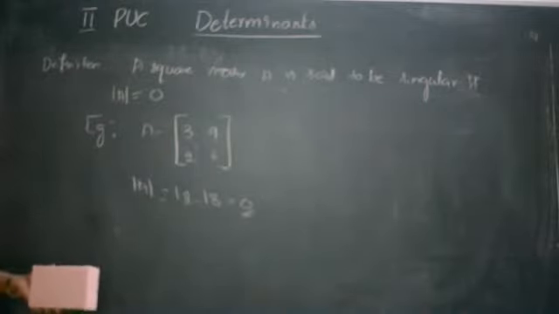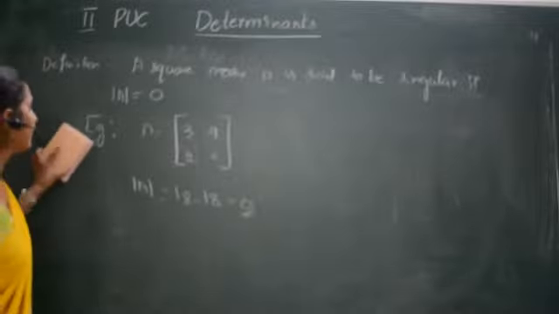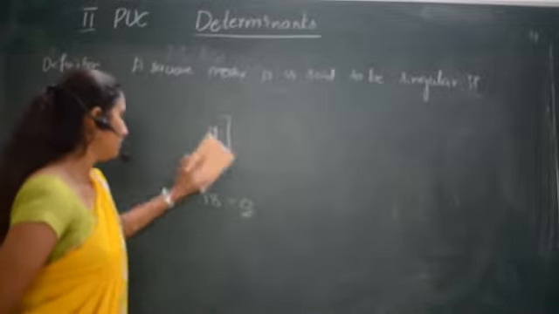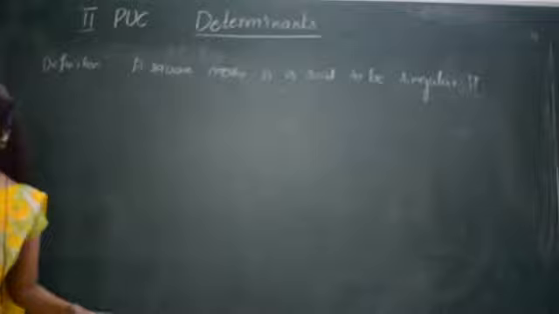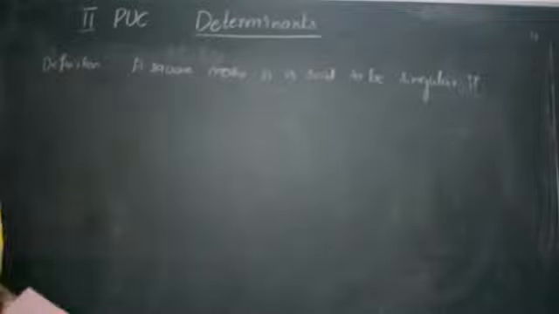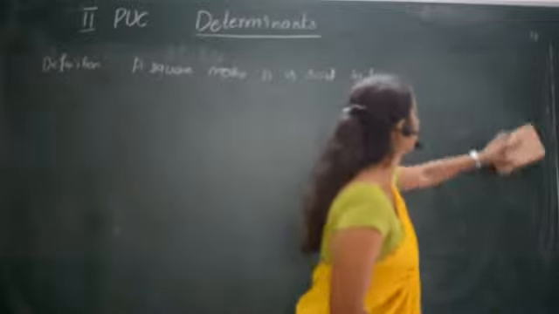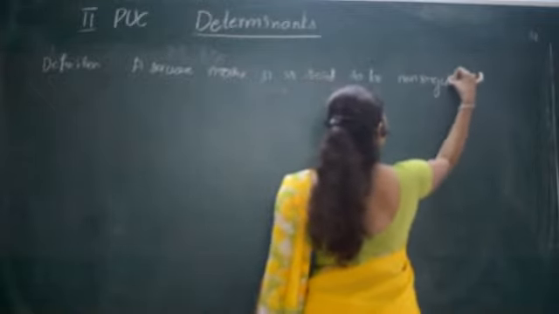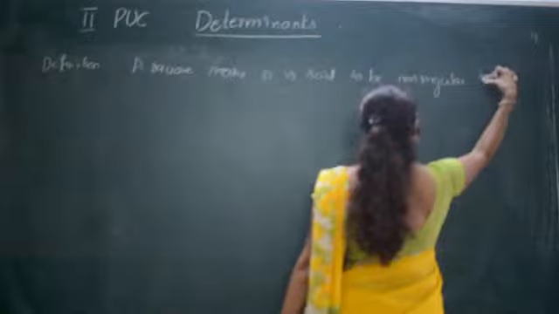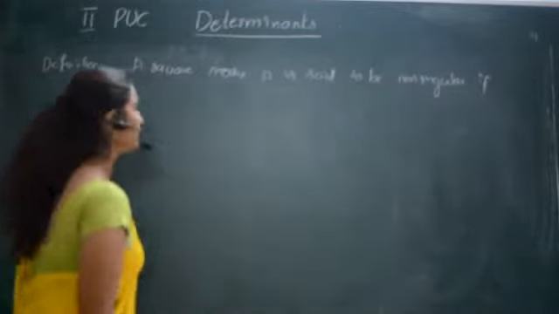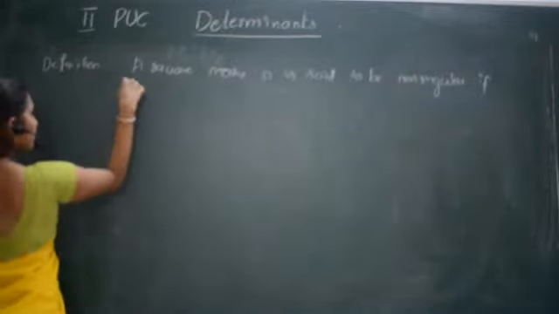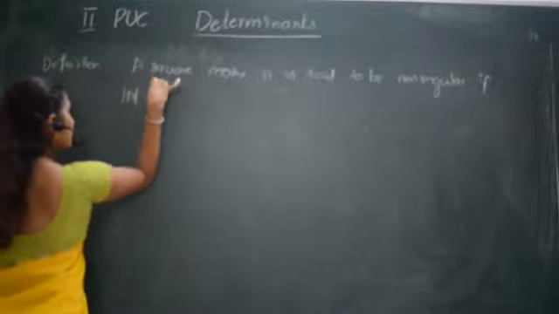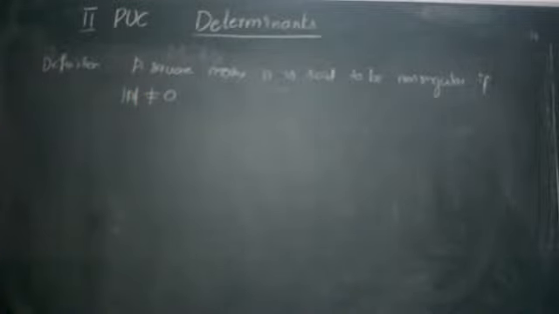One more definition: a square matrix A is said to be non-singular if determinant of A is not equal to 0. If determinant of A is not equal to 0, then that matrix is called a non-singular matrix.